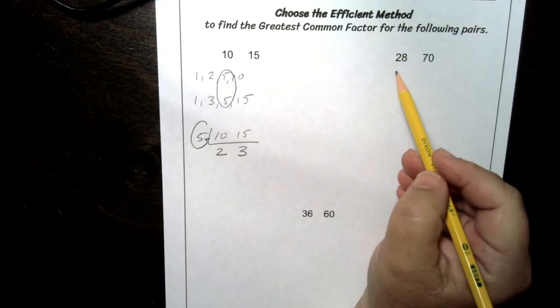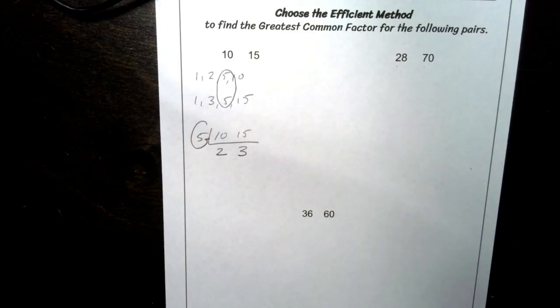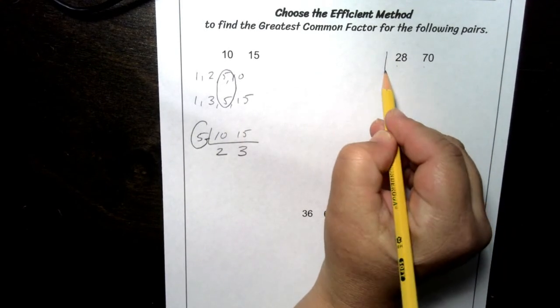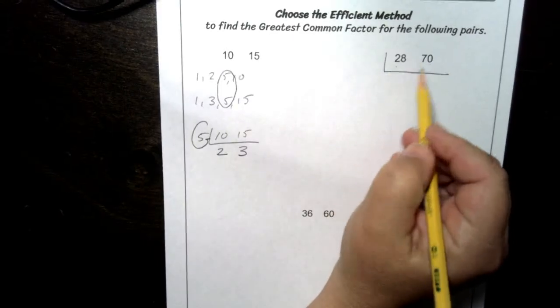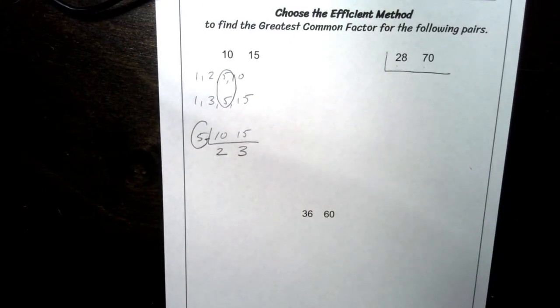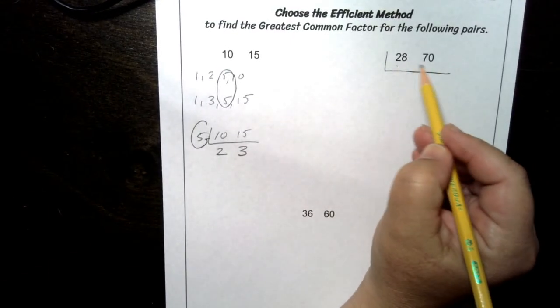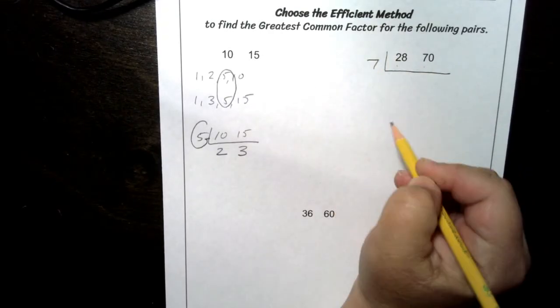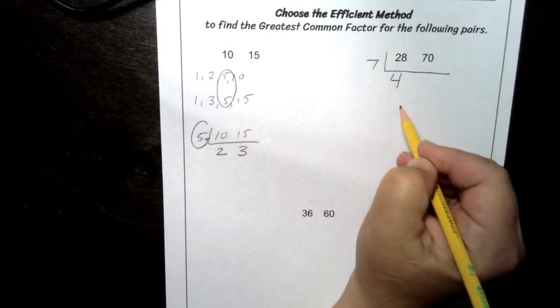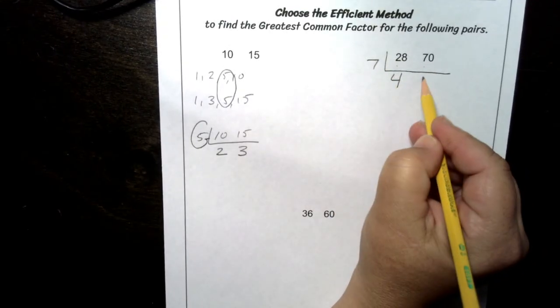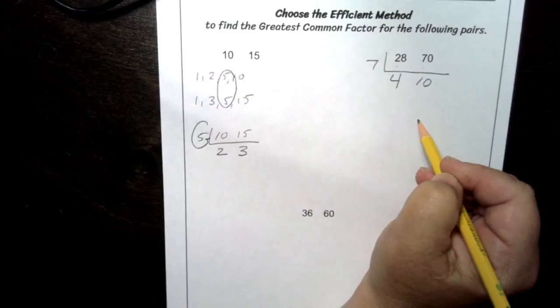Okay. For 28 and 70, I don't know if I would be able to list all of the factors of 70 very easily. So I'm going to go with option 2 on this one, where if I look at these, I'm going to go, oh, 28 and 70 share 7. 7 times 4 gives me 28. 7 times 10 gives me 70.